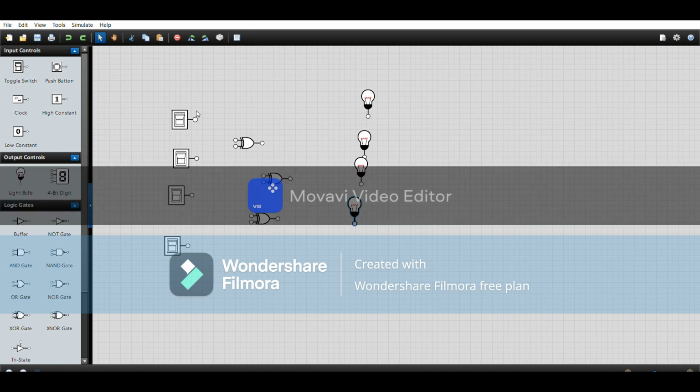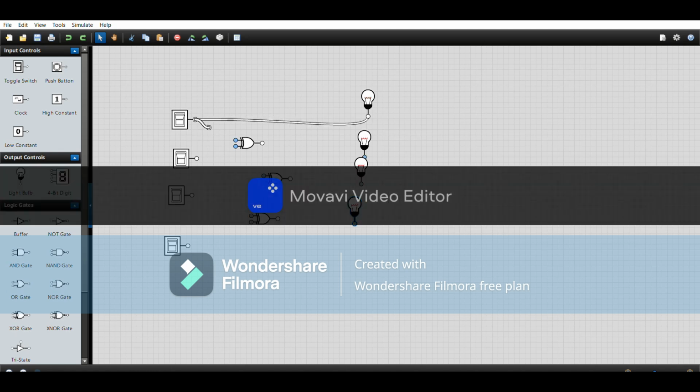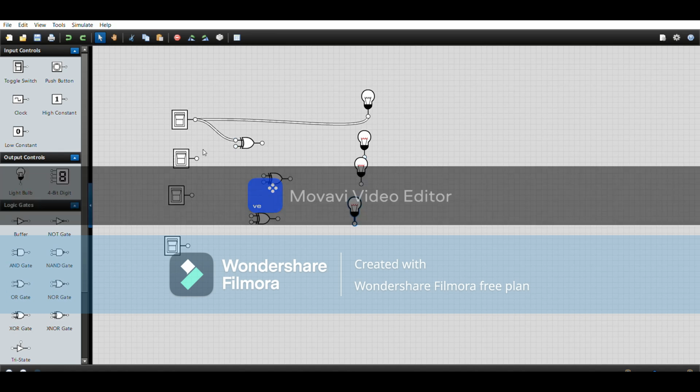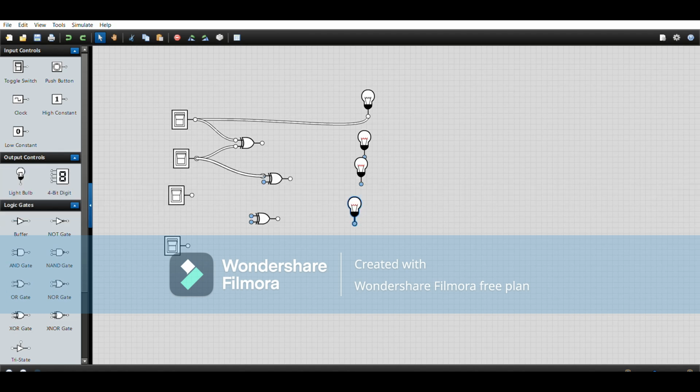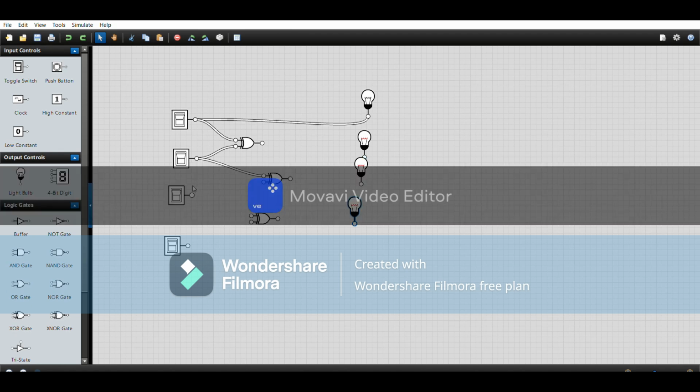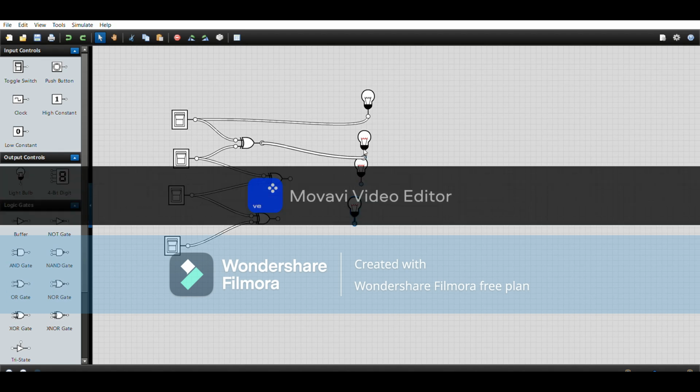Let us say something about binary to gray code conversion. The MSB of the gray code will be exactly equal to the first bit of the given binary number. The second bit of the gray code will be the exclusive OR of the first and the second bit of the given binary number. The third bit of the gray code will be equal to the exclusive OR of the second and the third bit of the given binary number. Let us connect the inputs and the outputs together.